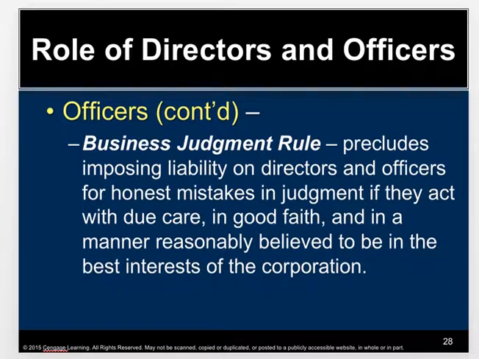We undertake Project A. Well, it turns out that Project A was just a terrible idea and that it cost the company millions and millions of dollars. Can we sue the board of directors at that point? And then the answer is no. The business judgment rule protects them from specifically that type of lawsuit.